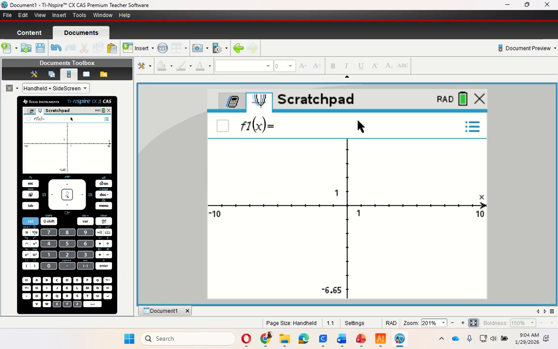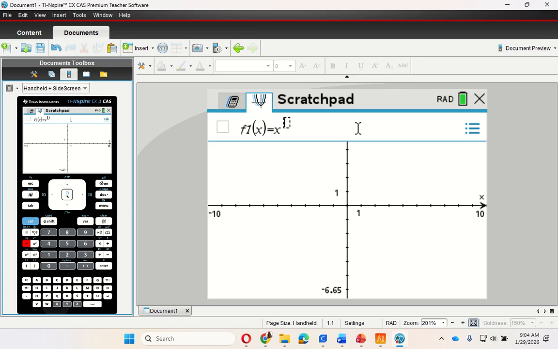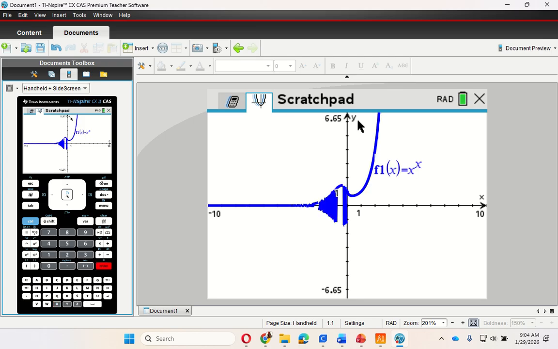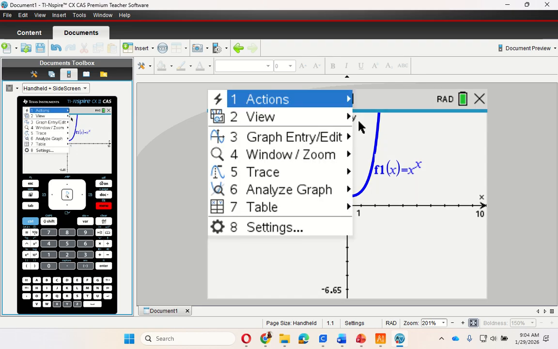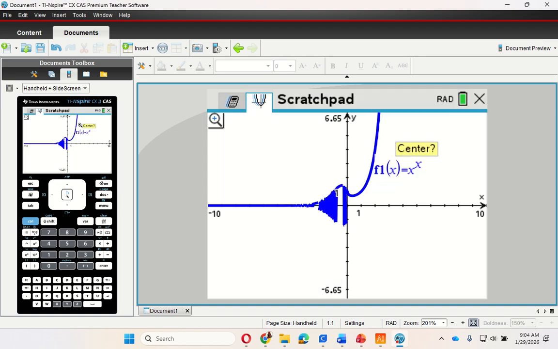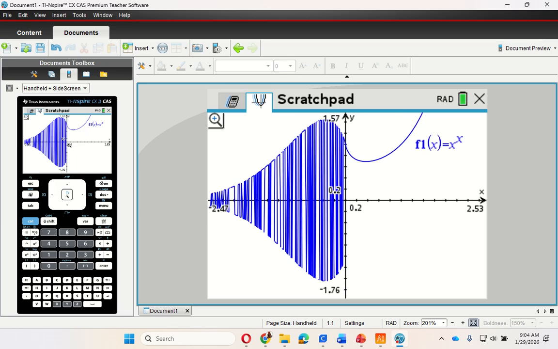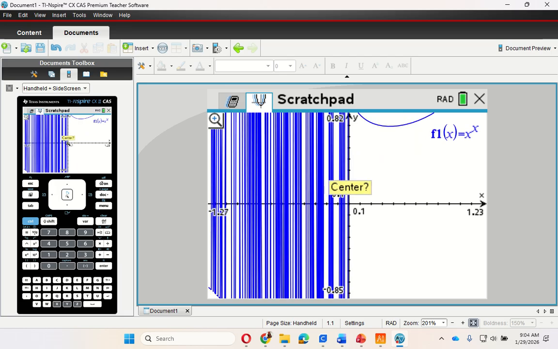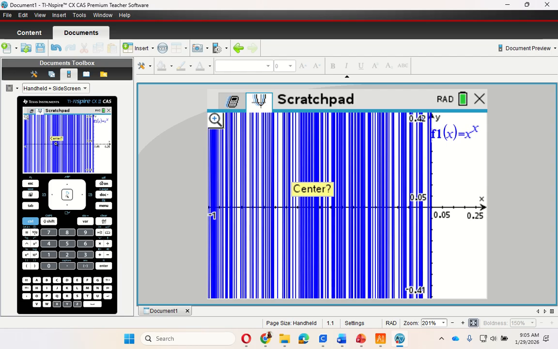Tab, right here, hit tab, and it's going to be x raised to the x. Showing it graphically, as it's approaching 0, anyone know what that thing is called?